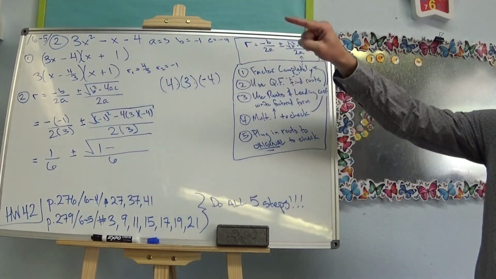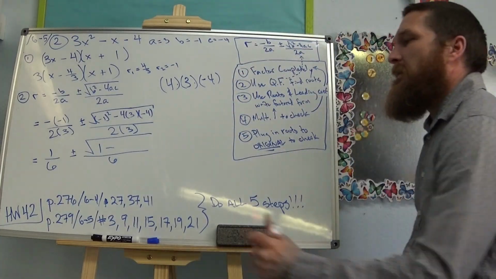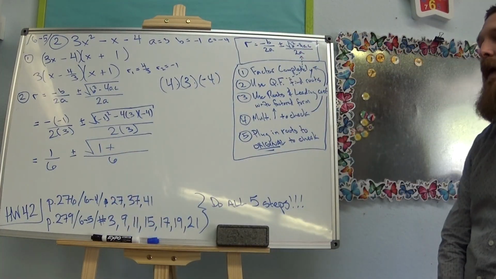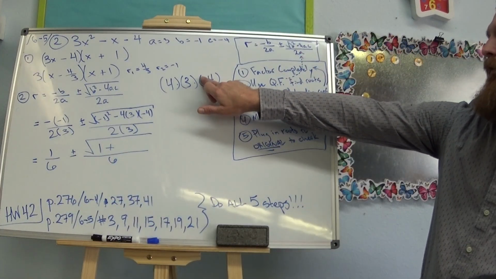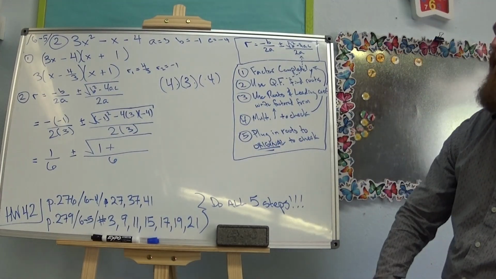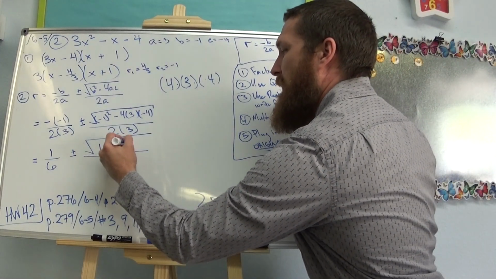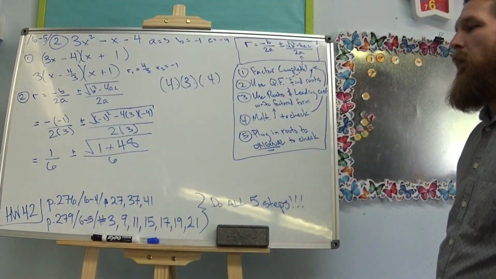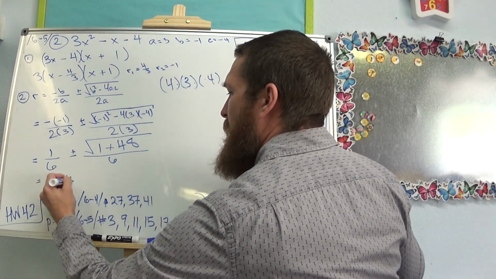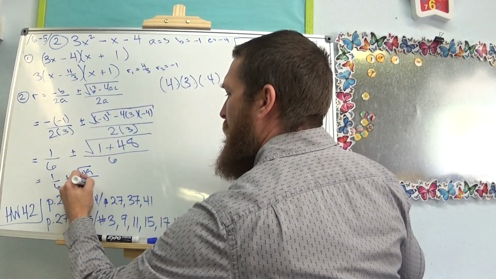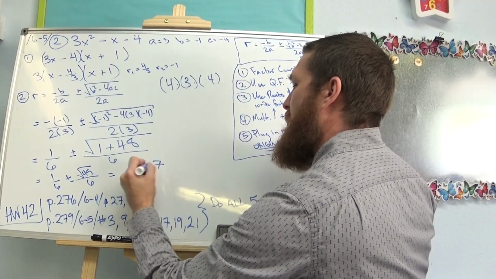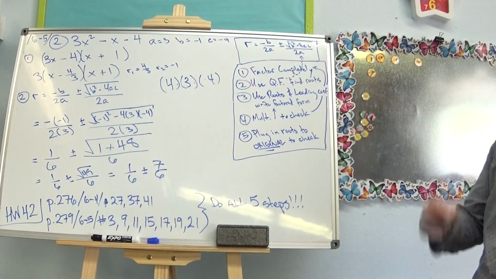In this case, I'm minusing a negative, so that's the same thing as plus a positive. Now I go through and put the plus right there. Then I forget about signs altogether and figure out what that is. 4 times 3 is 12, times 4 is 48. Good. So that's just 48. Now what's 1 plus 48? 49. Okay, so I have 1 sixth plus or minus root 49 over 6, and that should work out to a 7, so 7 sixths right there.